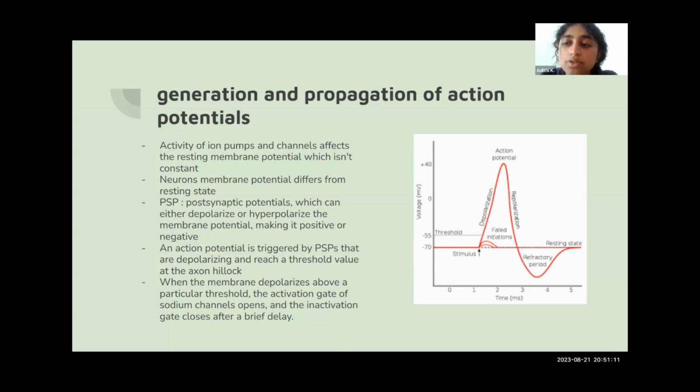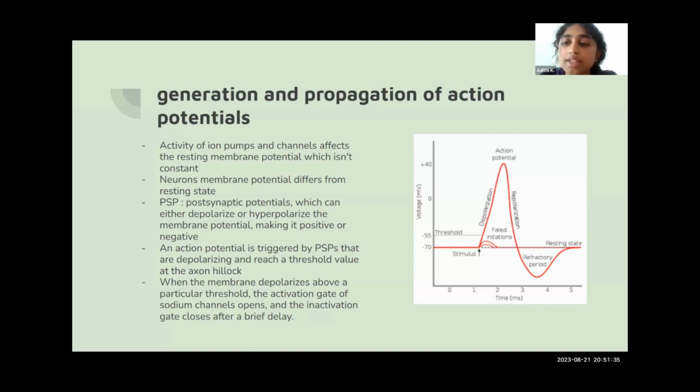An action potential is triggered by PSPs that are depolarizing and reach a threshold value at the axon hillock, which is where the axon leaves the cell body. A quick and significant shift in the membrane potential, known as the action potential, travels along the axon towards its terminals. Voltage-gated ion channels, which open and close in response to changes in membrane potential, produce it.